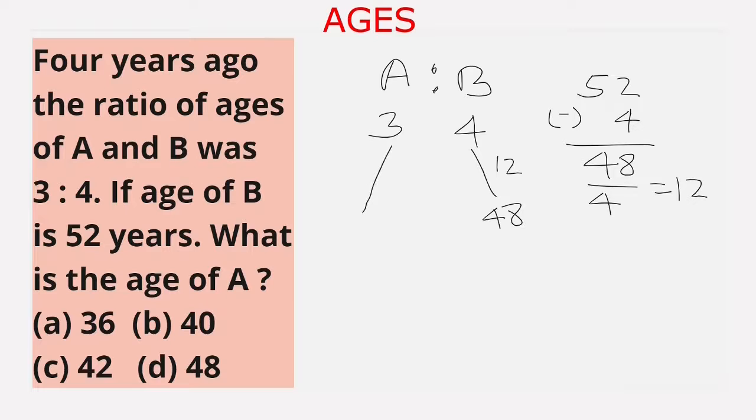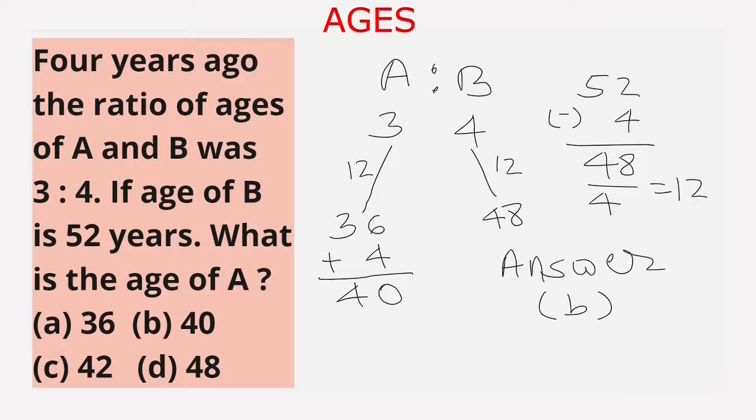Now we multiply 12 by 3. So we get 36. This is the age of A 4 years ago. For the present age, we have to add 4 to 36 and we get 40. And this is the present age of A. And from the given options, our answer is option B, 40 years.